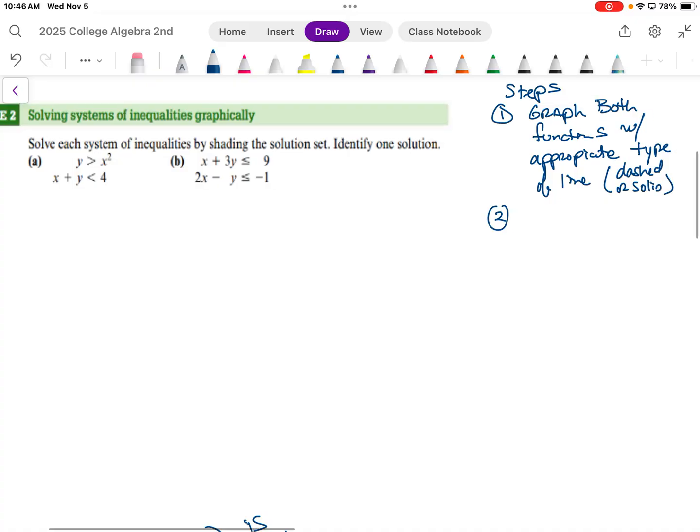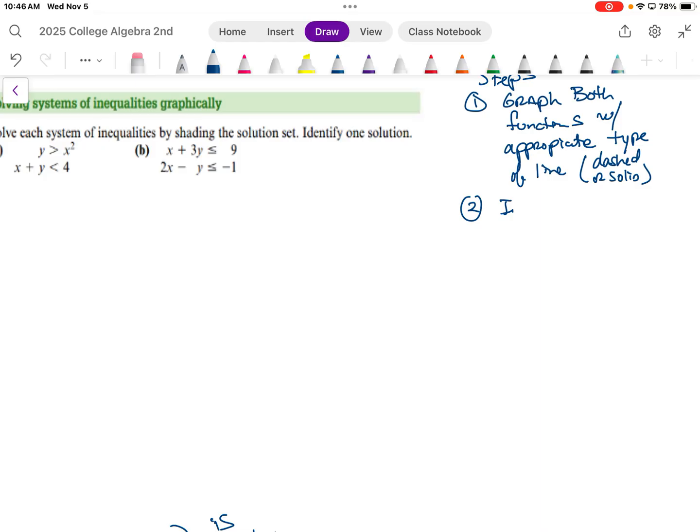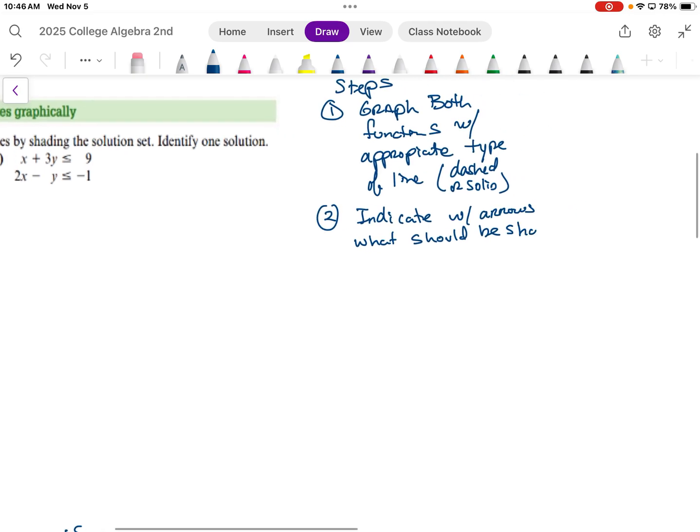Two, this is the way I always do it, is indicate with arrows what should be shaded for each line.